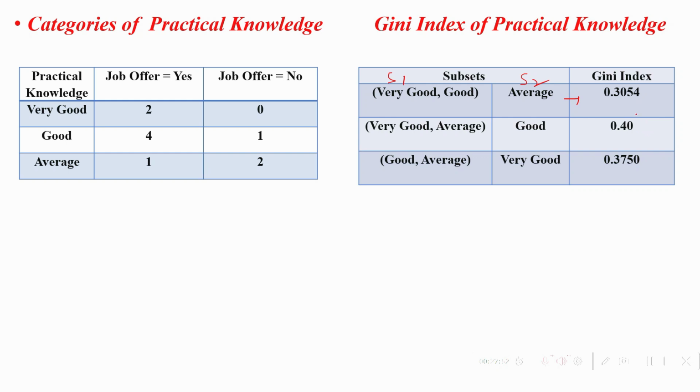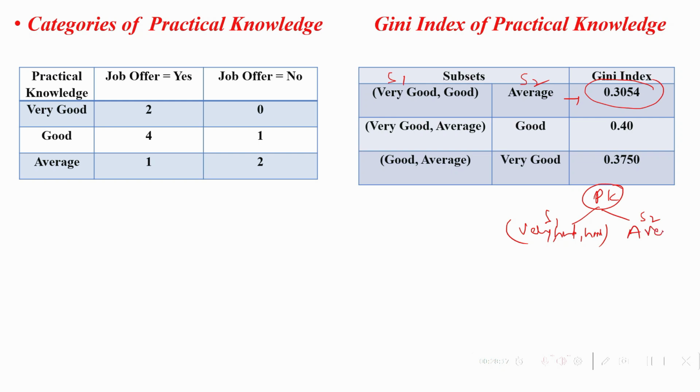Out of all 3 Gini index values, 0.3054 is the smallest value, so that becomes the best fitting value. That means for practical knowledge, it can be split into 2 parts: very good and good is one subset, S1, and subset 2 equals average.